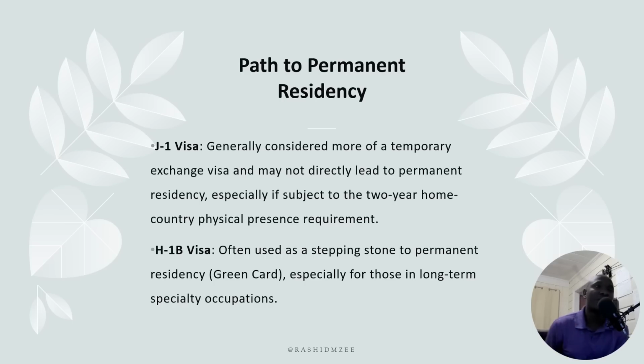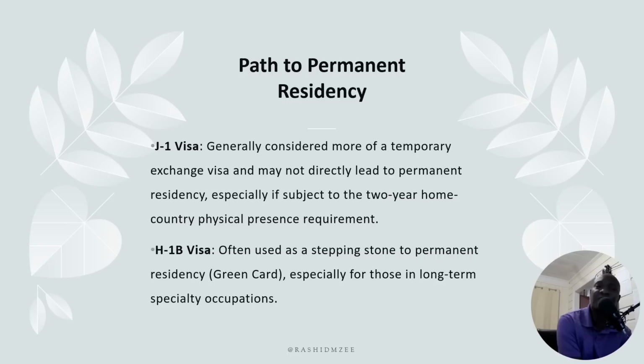Okay, and then there is the path to permanent residency. J1 does not have the path, because J1 has a 2-year home country physical presence requirement, which means you have to go back to your country. However, H1B can be used as a stepping stone to permanent residency, especially for those in long-term specialty occupations.